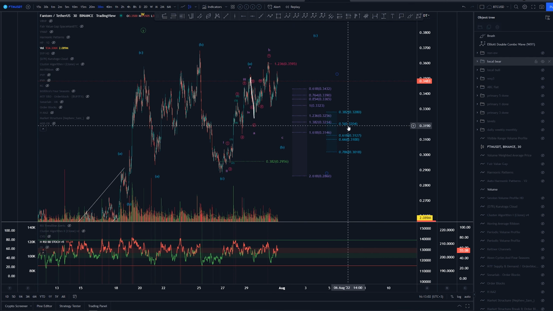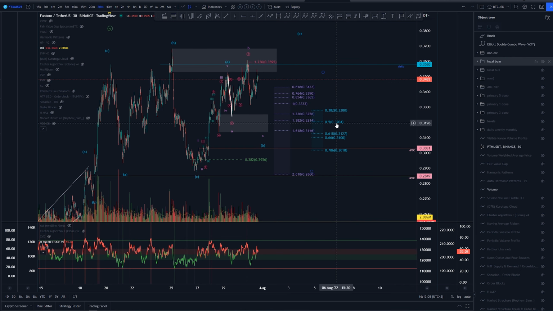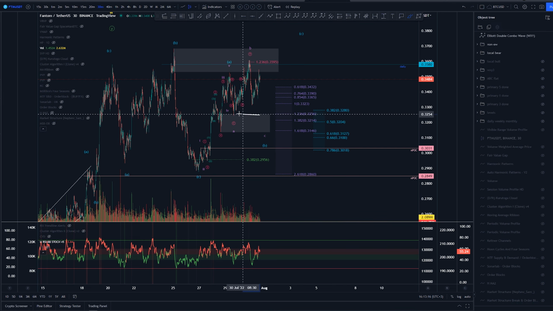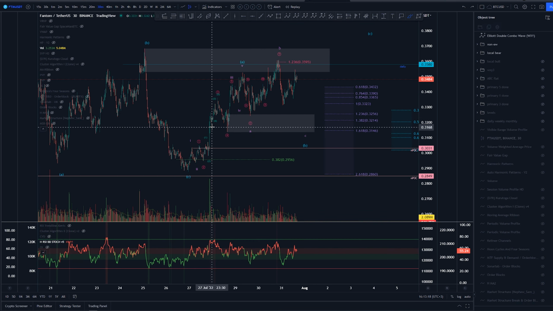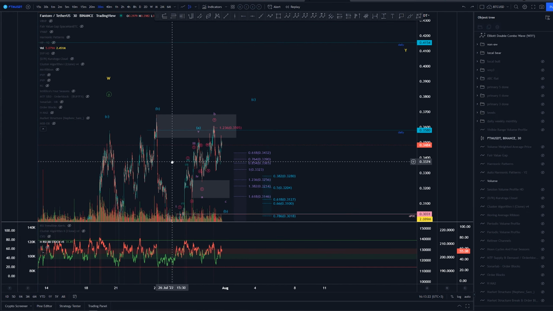Again, 38.2 or 0.5, or even the golden pocket has some qualities on it. 0.5 definitely has the 1.382 extension of this ABC here as a positive. Also this area of order block here, which is definitely an interesting area to look out for.